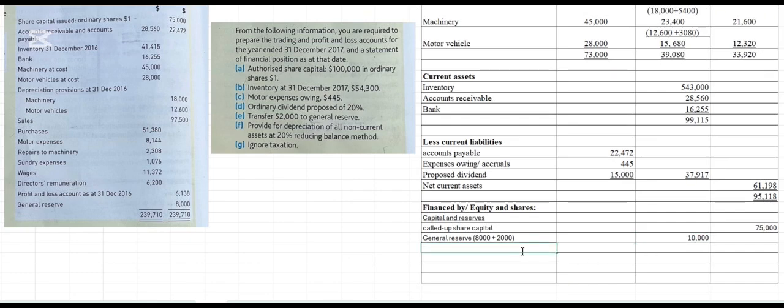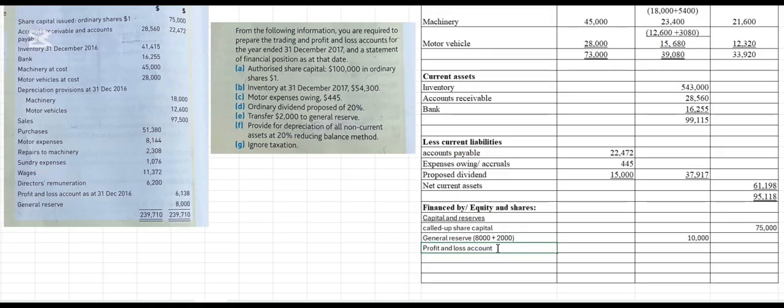We will also take into consideration the profit and loss account.